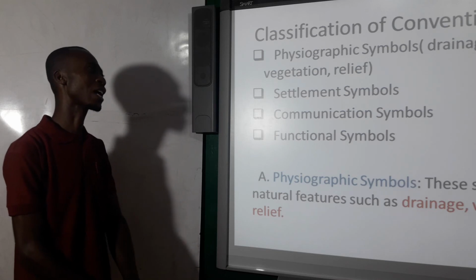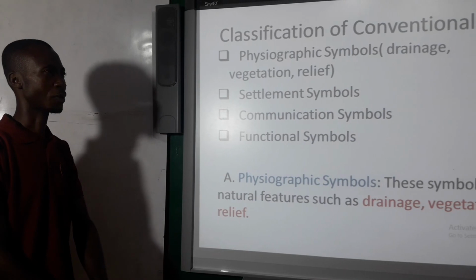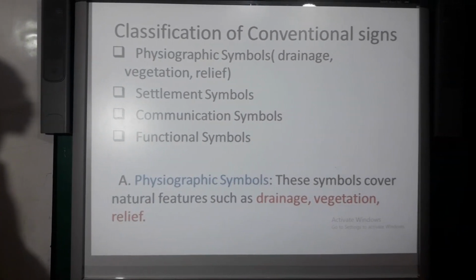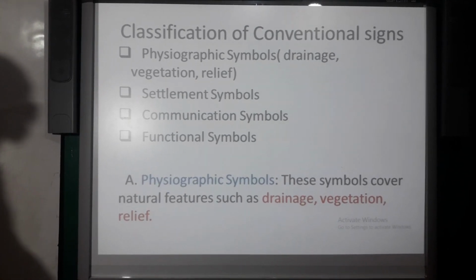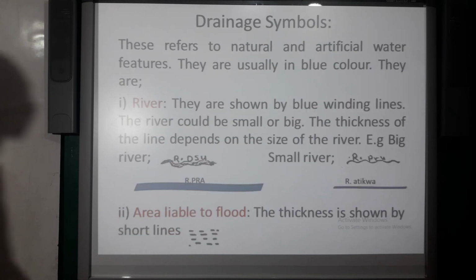So we are going to take them one by one and look at their examples on the screen. First of all, let's take physiographic symbols. As I said, they are symbols that cover natural features such as drainage, vegetation, and relief. So let's take one of the physiographic features, which is drainage.